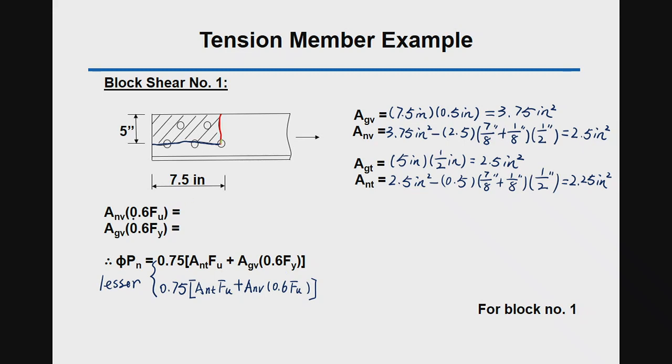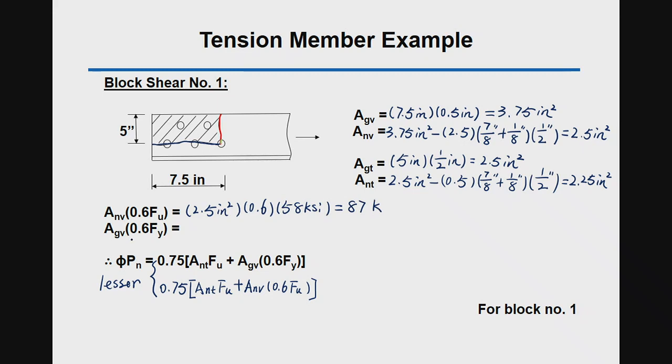So ANV times 0.6 times FU equals 2.5 square inches times 0.6 times FU, which is 58 KSI, equals 87 kips.